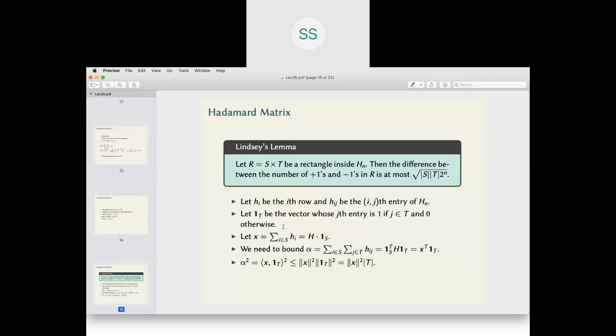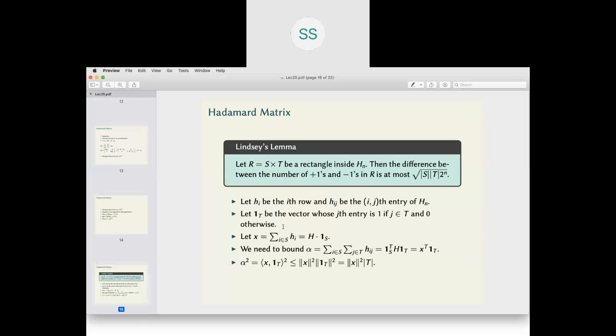Now consider one subscript T, where 1 is in bold, as a vector whose jth entries are 1 if j is in T and 0 otherwise. So basically what this vector does is, it has 1 whenever the j corresponds to an entry in T.